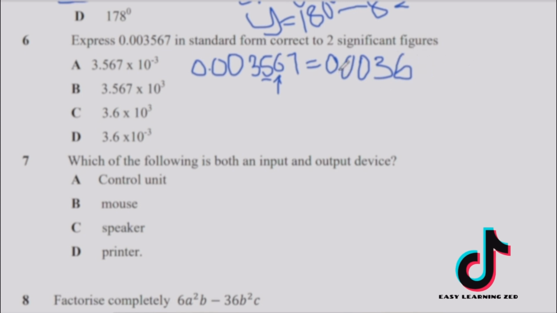Once I've done that, I'll move the decimal point to the right until it comes between 3 and 6. Now I'm going to count the steps it has moved: 1, 2, 3. So I'm going to come up with 3.6 times 10.